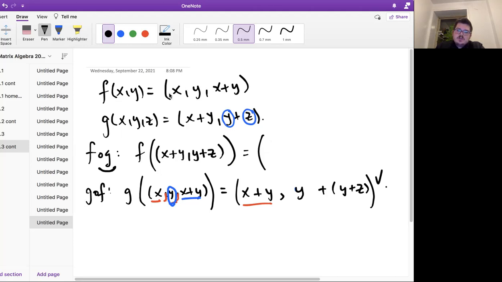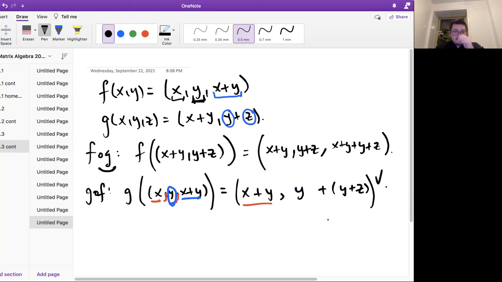The first coordinate is whatever your first coordinate is, so it's x plus y. Your second coordinate is whatever is in your second coordinate, which is y plus z. Your third coordinate is whatever is in your first plus your second, so this is x plus y plus z.